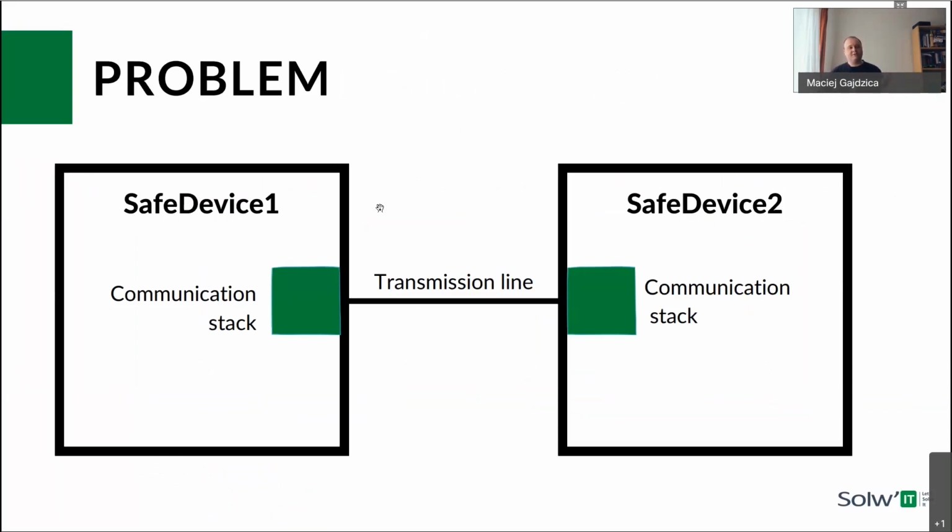And let's imagine that we are using TCP/IP stack. So we must implement all of the layers. We must implement buffers for frames. We must handle all of the layers of this communication. And this is some complex piece of software. And the problem here is that we can make mistakes.